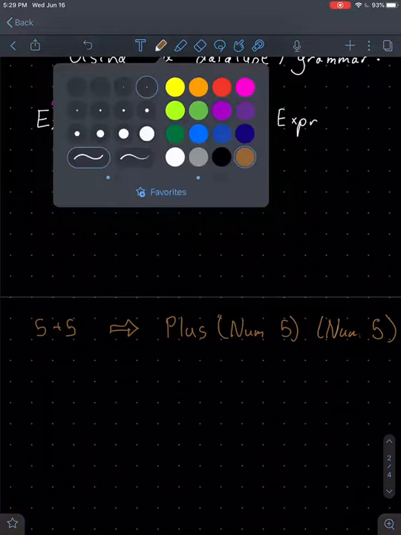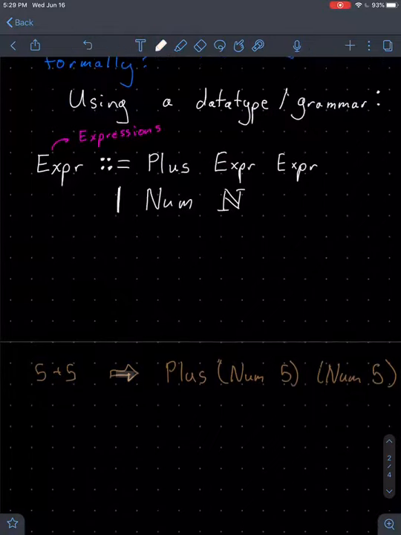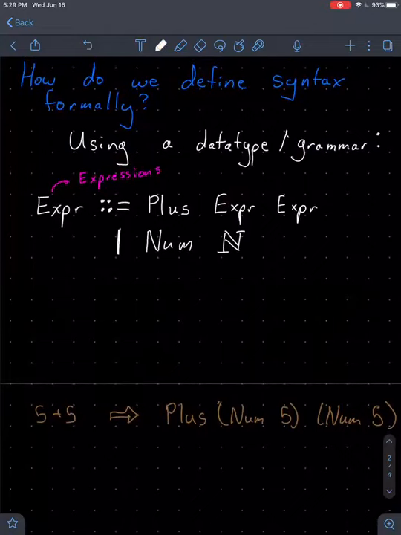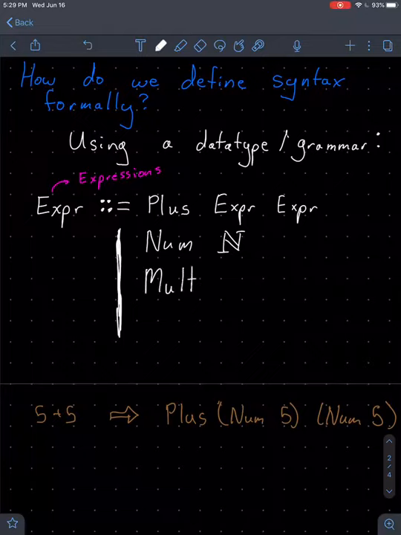Okay, what else am I missing from my expressions? Let's say I want to multiply and minus. Let's add that, make a nice little cozy language. Let's start with multiply. We'll call it mult. What should mult take? Any thoughts on its arguments?